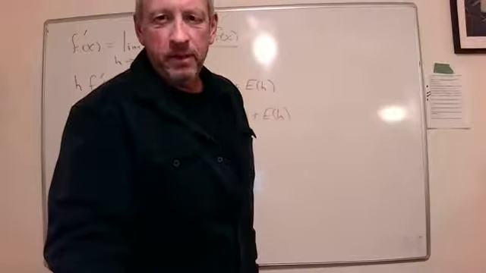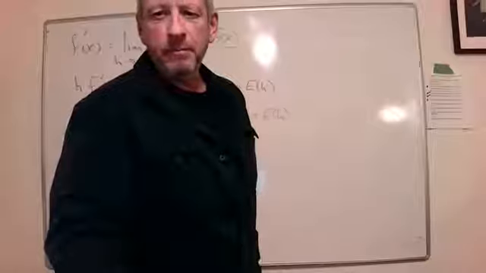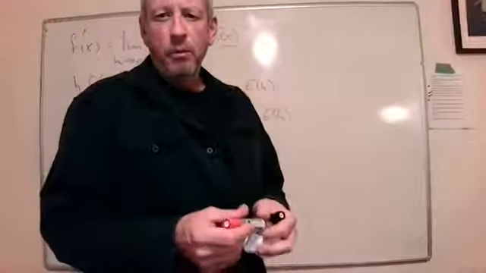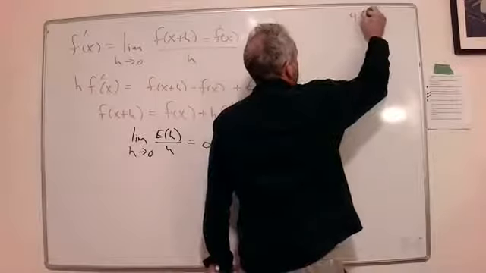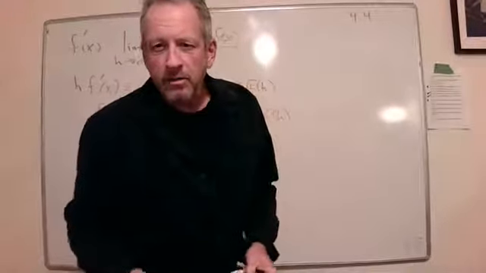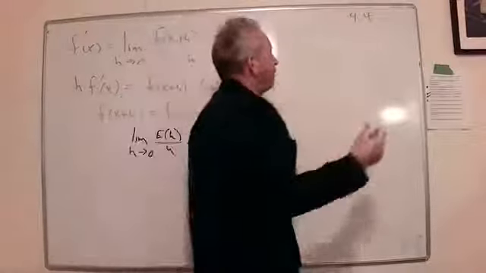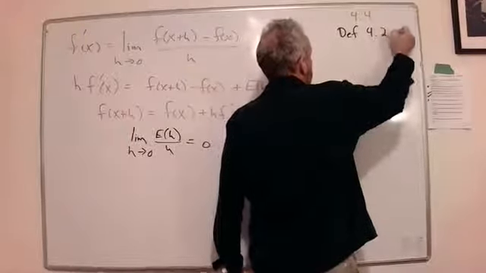I don't remember the definition. Let's see, where do they have it here? This is in 4.4. So if you look in the textbook, section 4.4, it is definition 4.26.